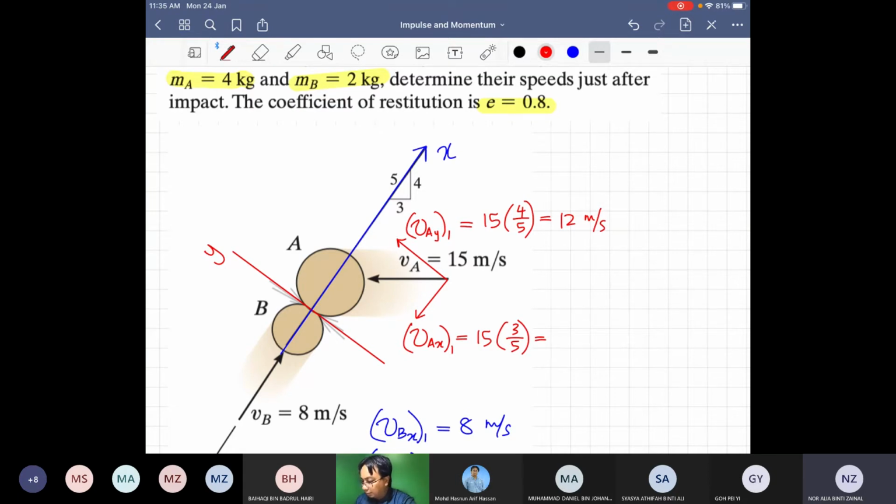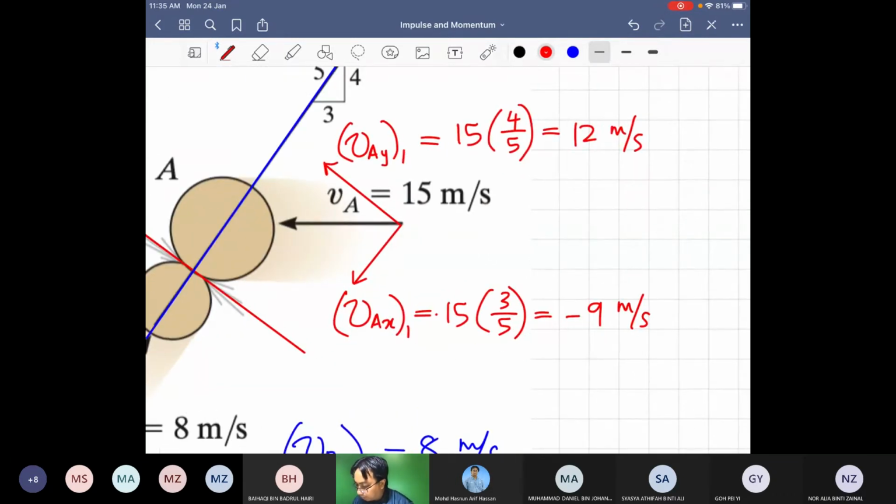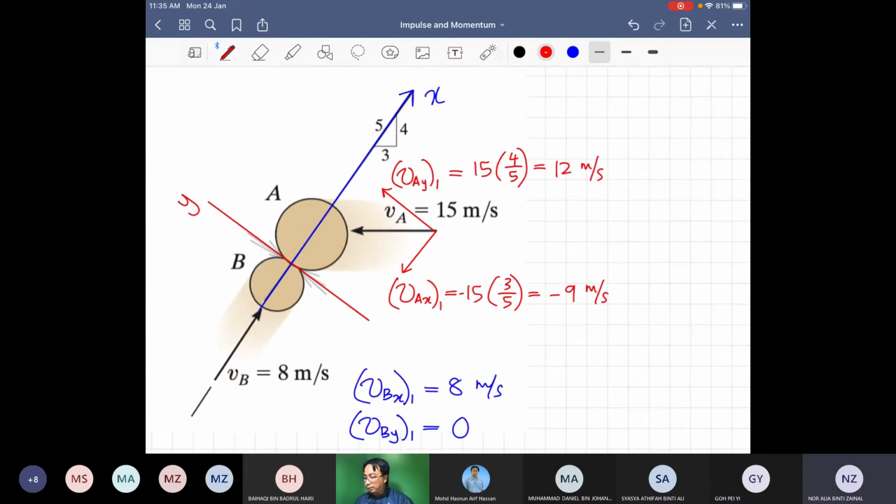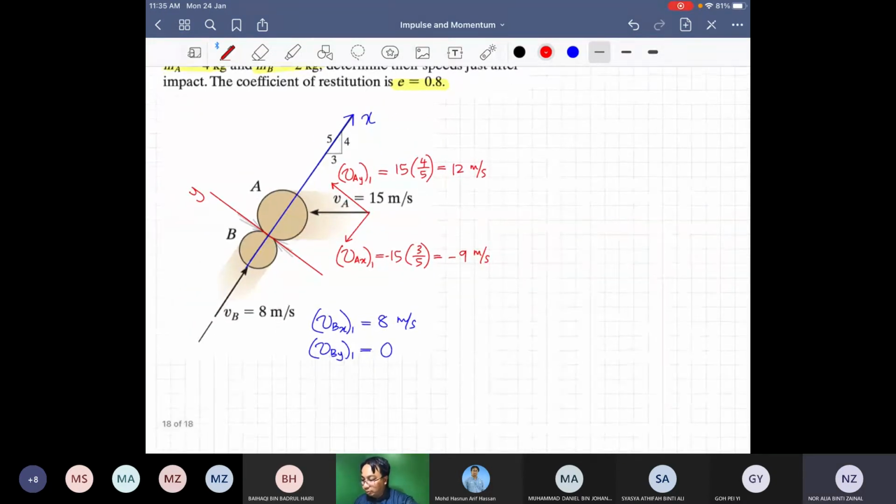Minus 9, because it is in the negative direction of the x-axis. The x-axis is positive towards here, so we write it as minus 9 meters per second. Here too we can put minus. Okay, so we now have all the values.